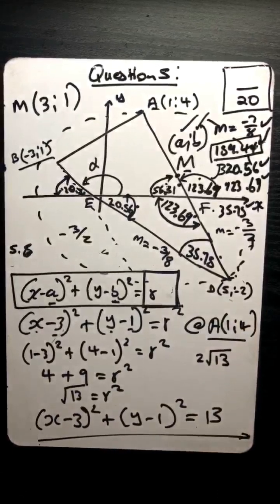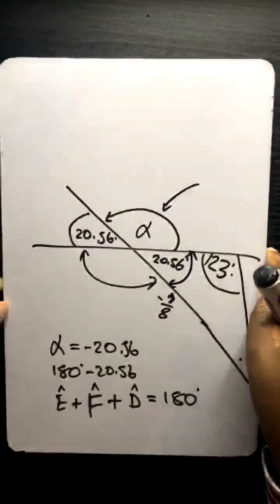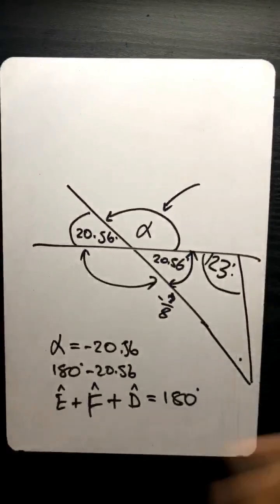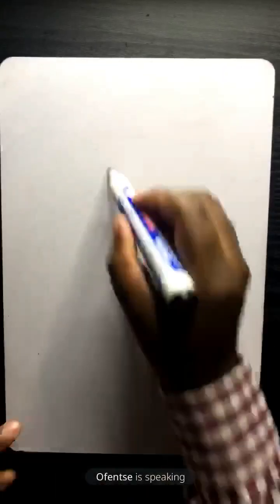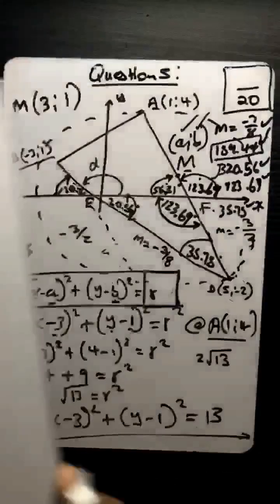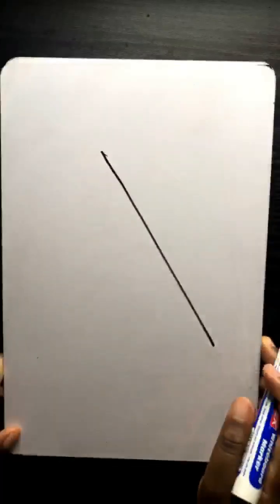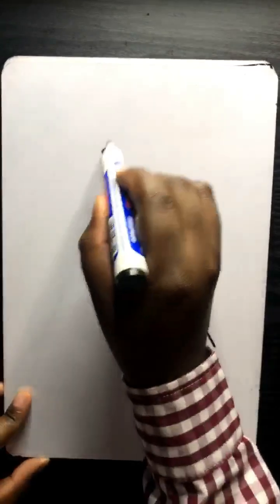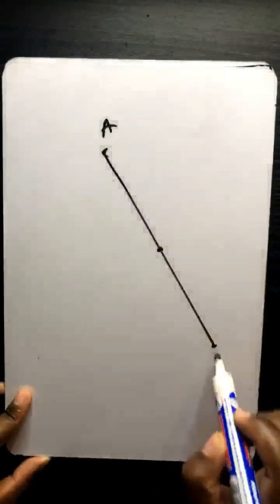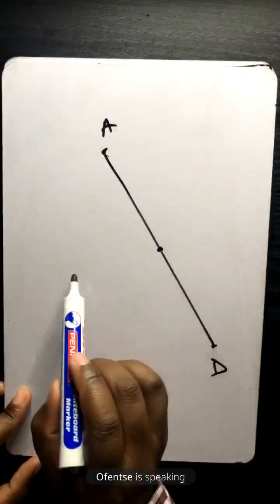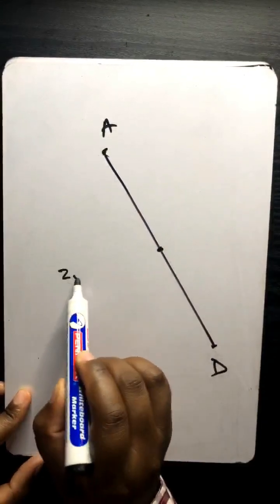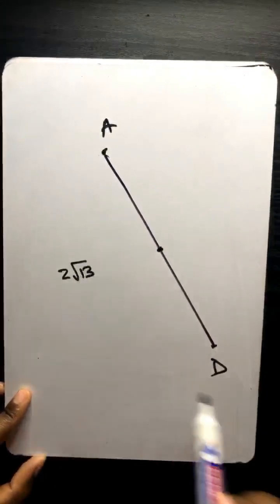Honorable member is onto something. Maybe let me quickly say something here. I don't want to ignore what honorable member is saying, but let's see. We calculated that length, which is AD. What was the length of AD again? 2 root 13. 2 square root of 13. Okay, 100%.